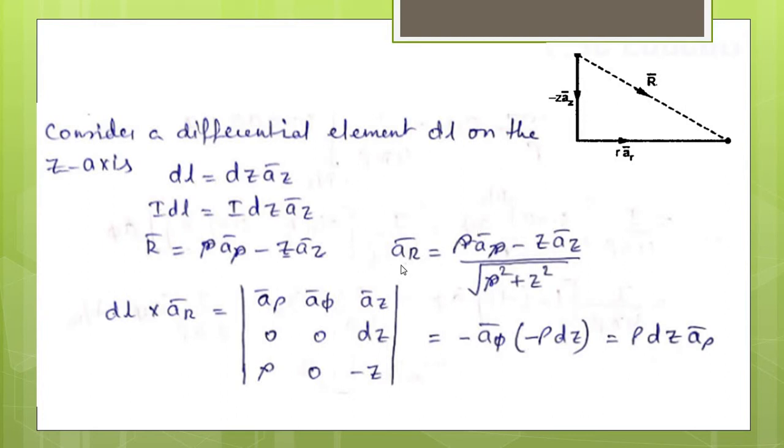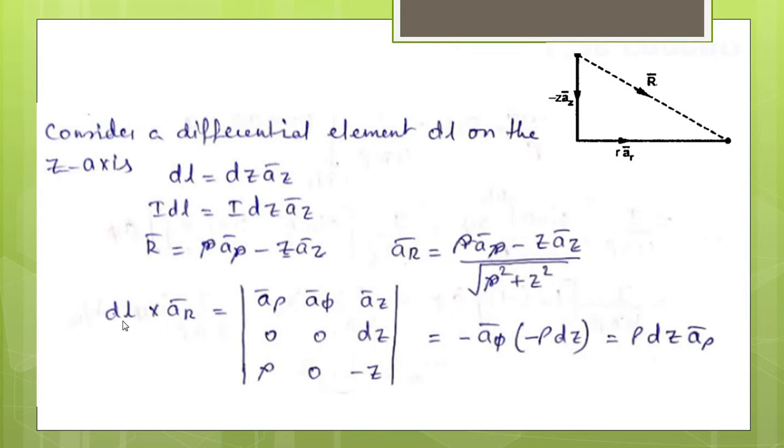To find the unit vector aR, which is equal to the vector R divided by magnitude of R: this is the vector R, rho a rho minus z az, and for the magnitude of R we simply square these coefficients, rho square plus z square under root. So aR is equal to rho a rho minus z az divided by the square root of rho square plus z square.